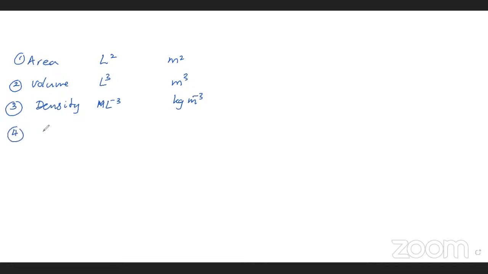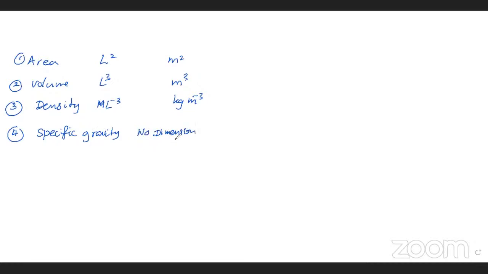The specific gravity. Specific gravity is the ratio of two densities, right? Density of substance divided by density of water. Both have the same dimension, so they cancel out. So for specific gravity there is no dimension.